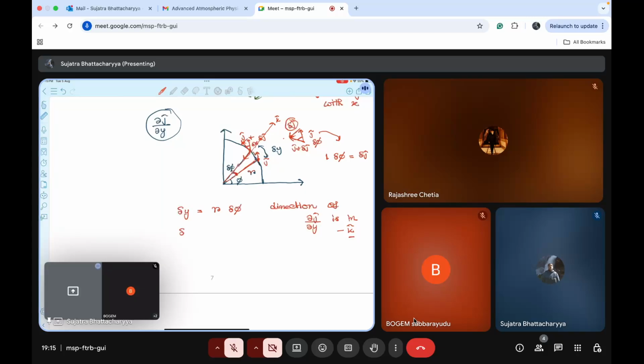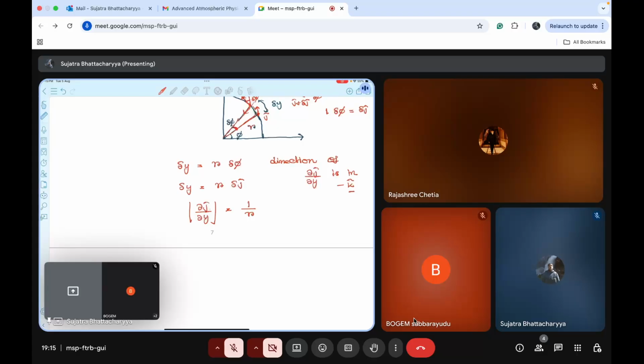So delta y is equal to r into delta j hat. So the magnitude of delta j hat by delta y will be nothing but 1 by r. Therefore, delta j hat by delta y is minus k hat divided by r.